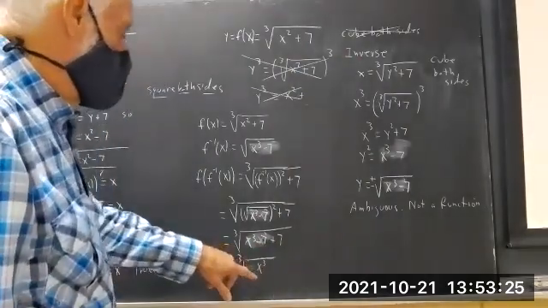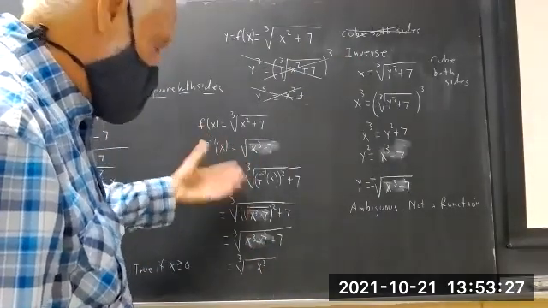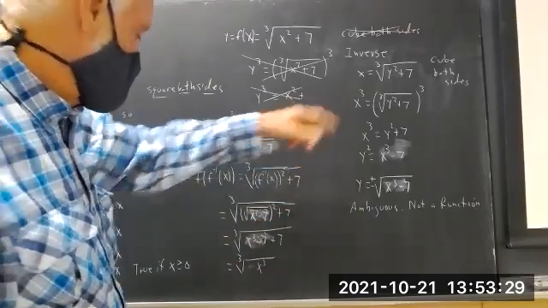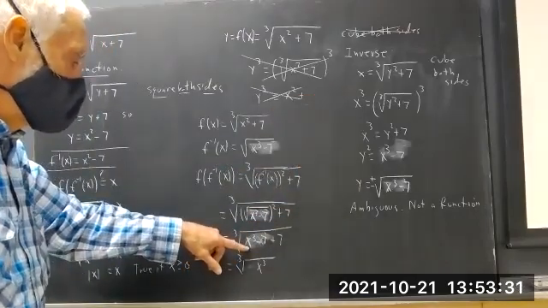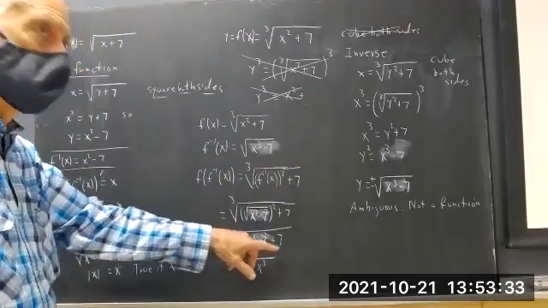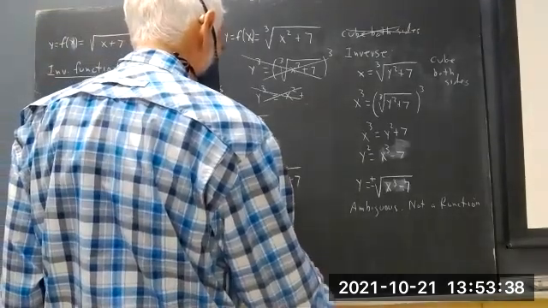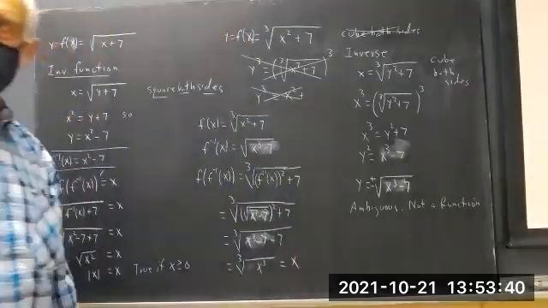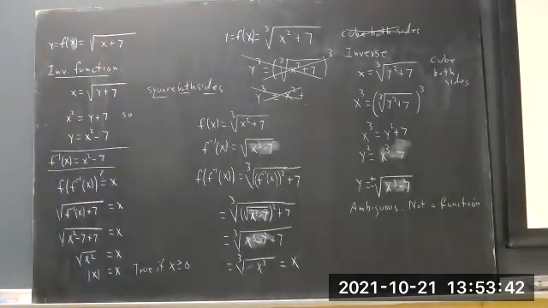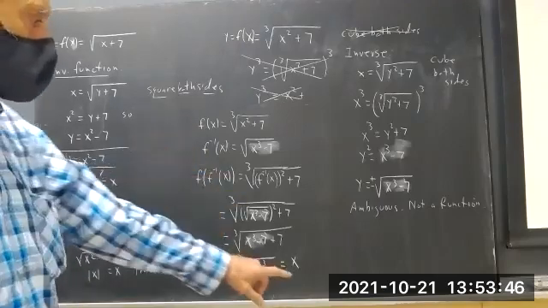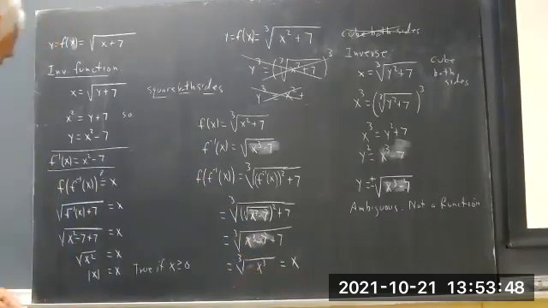So now the algebra there is very simple. x cubed minus 7 plus 7 is just x cubed, and the cube root of x cubed is x. So now f of f inverse of x equals x, and that's a big deal.